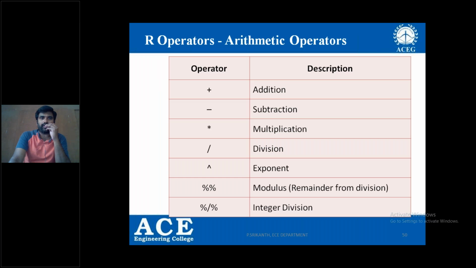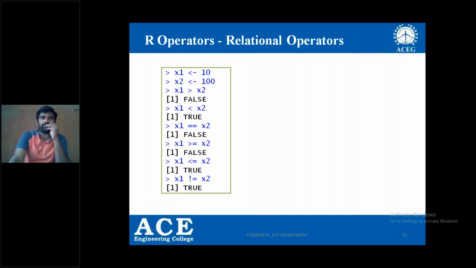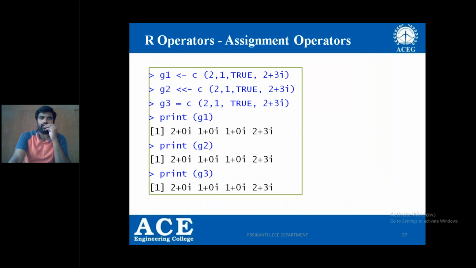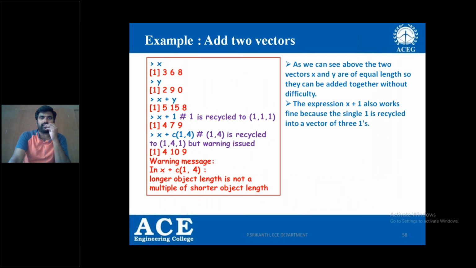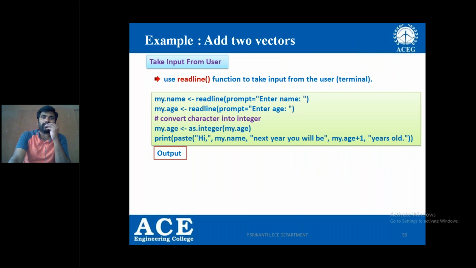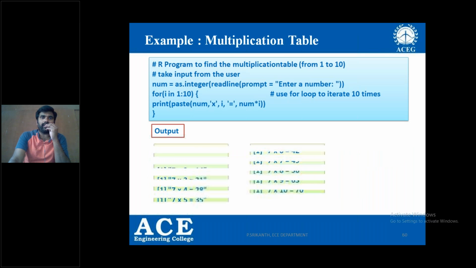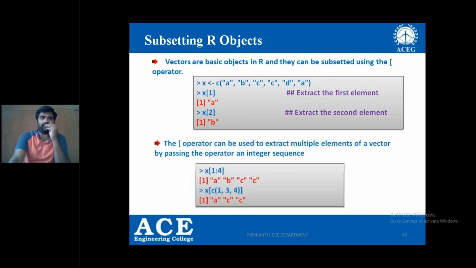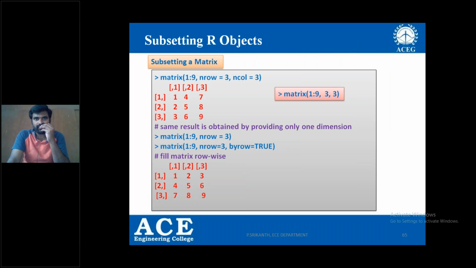So now let us move on to the next one, that is essentials of the R language. Here I'm going to cover the second part of the second chapter also. So parallelly I'm discussing both the second part of the second chapter and the essentials of the R language.